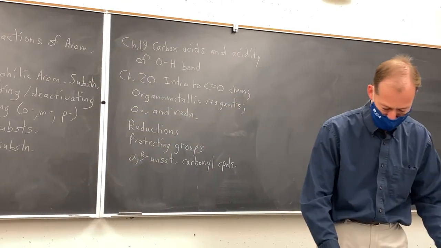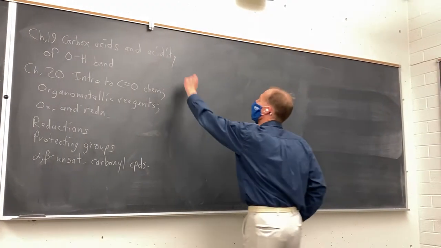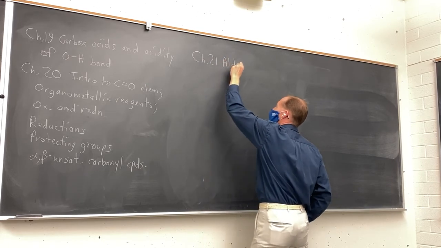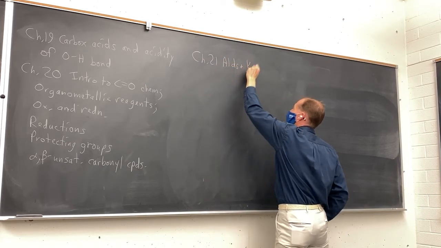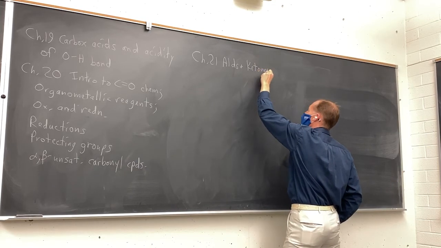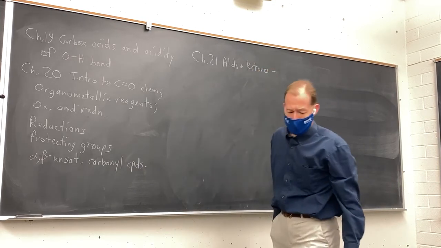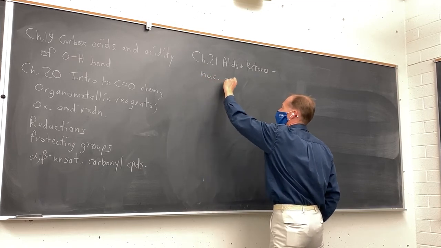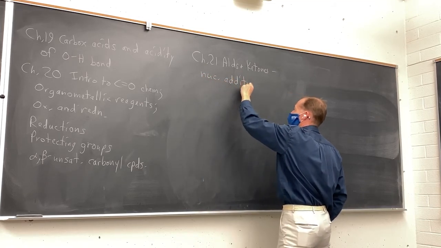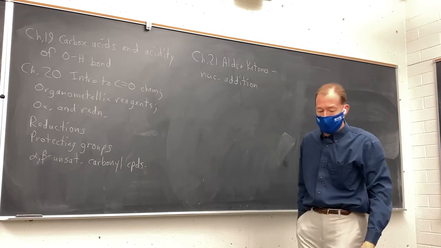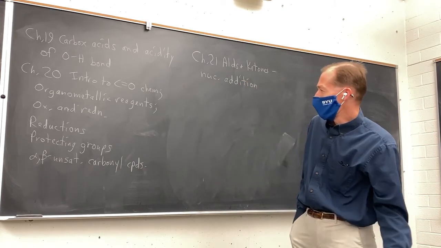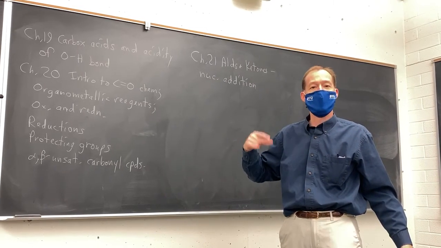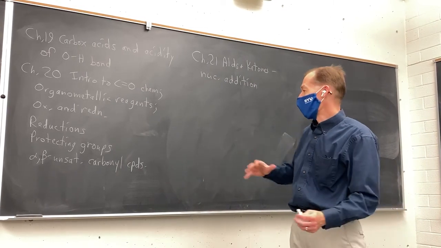All right, so continuing on with carbonyl chemistry, chapter 21, aldehydes and ketones. And this is called nucleophilic addition. So, of course, the addition of Grignard reagents and organolithiums to aldehydes and ketones are nucleophilic additions, as are the reductions.